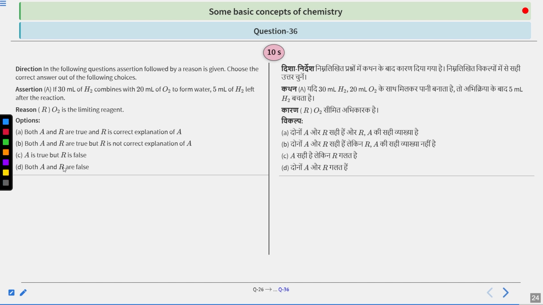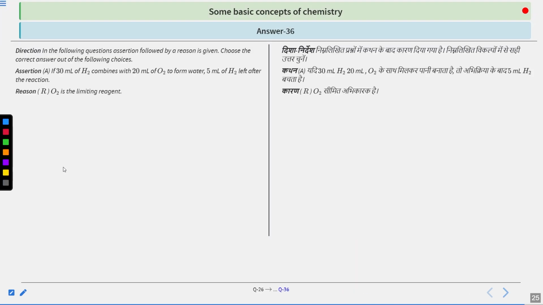Options are: A, both A and R are true, and R is the correct explanation. B, both A and R are true, but R is not the correct explanation of A. C, A is true, but R is false, and D, both A and R are false. Clear? We have 10 seconds to solve this question. Your time starts now. Now let us see the solution.